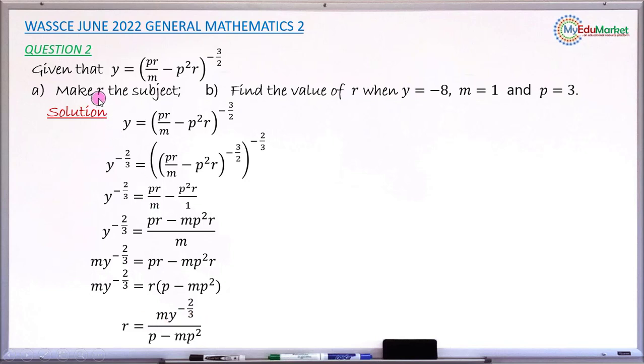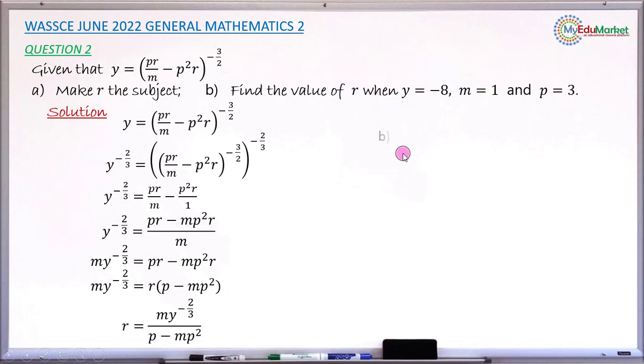So we have answered question A. Now move to question B. Question B asks to find the value of R if y is minus 8, M is 1, and P is 3. So let's attempt to do that.